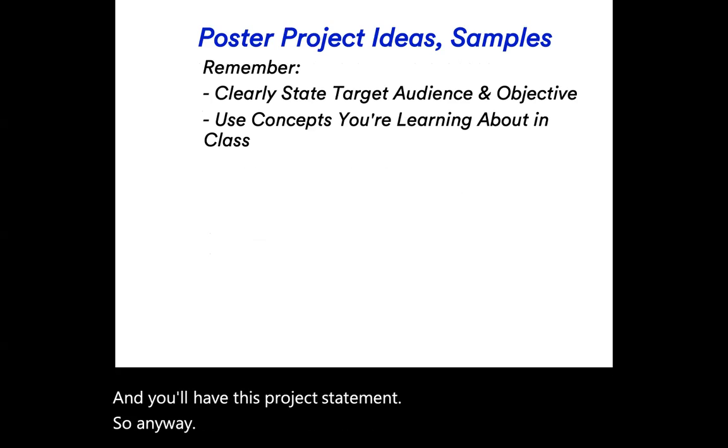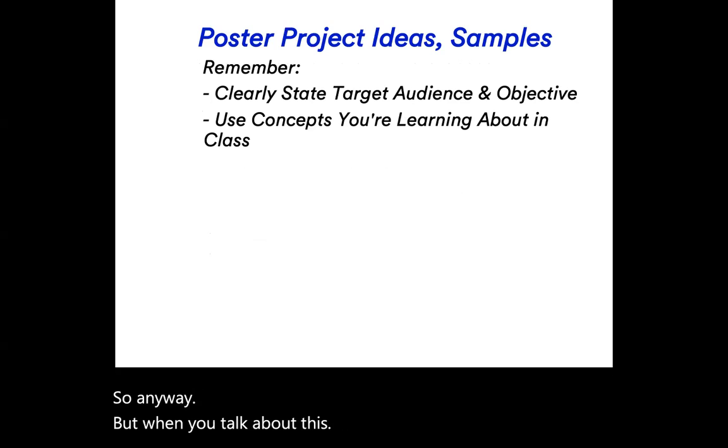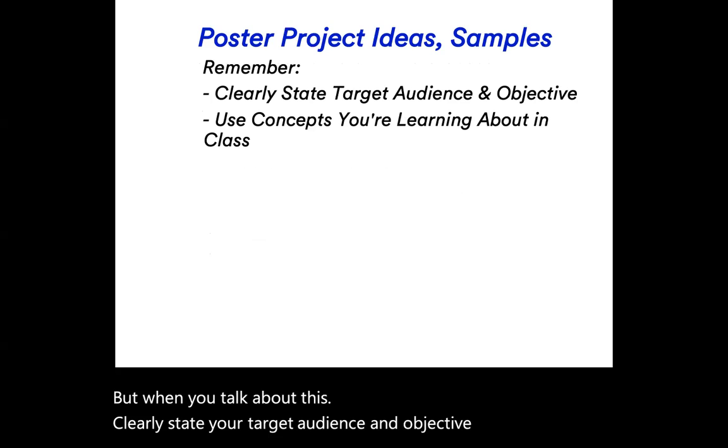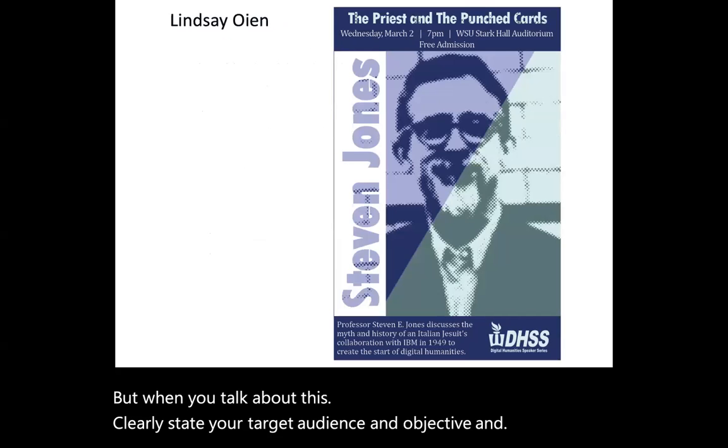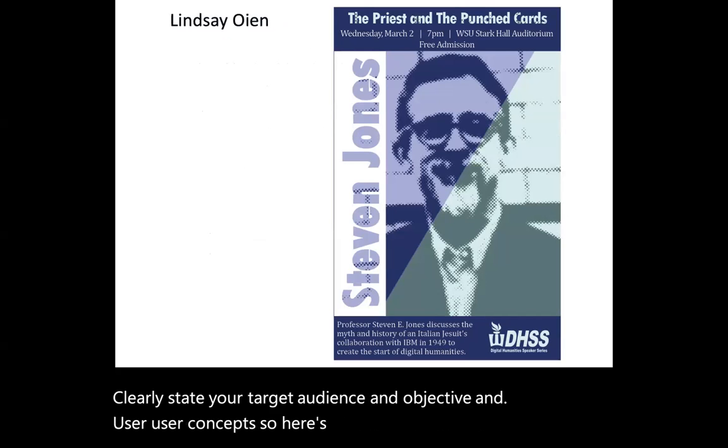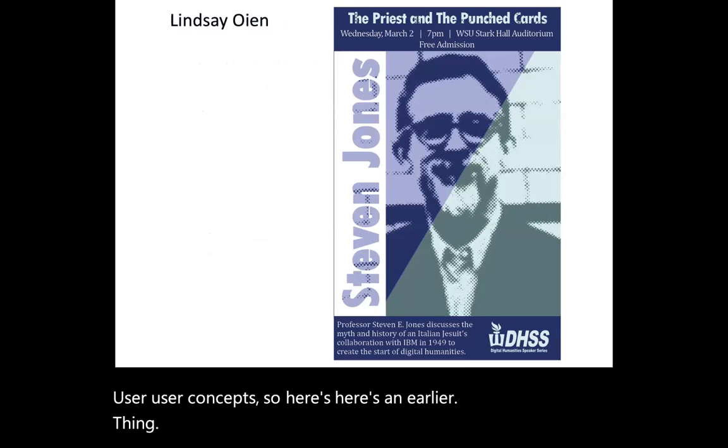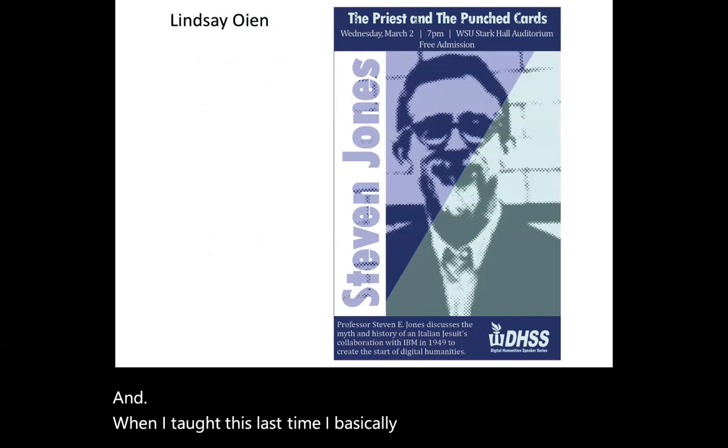When you talk about this, clearly state your target audience and objective and use your concept. Here's an earlier thing. When I taught this last time, I had everybody choose a thing they wanted to do, but this time we're all going to do the same thing.